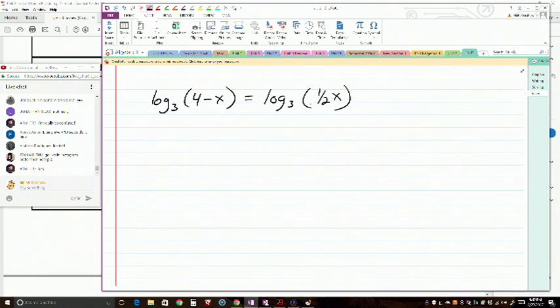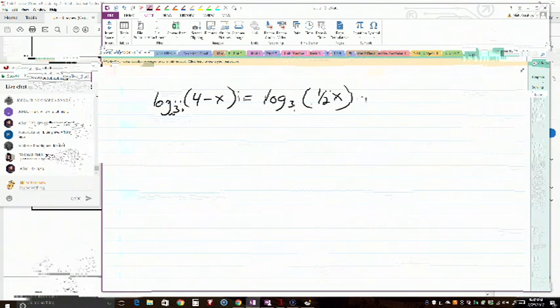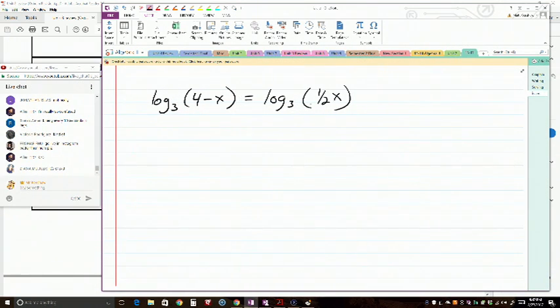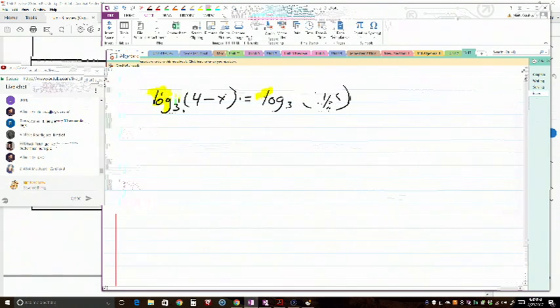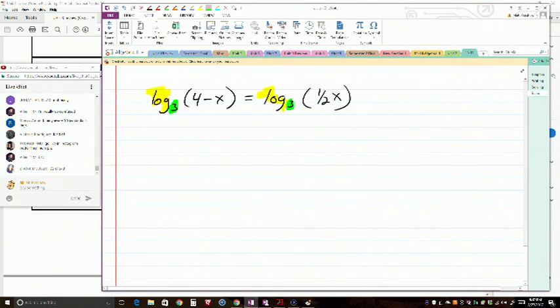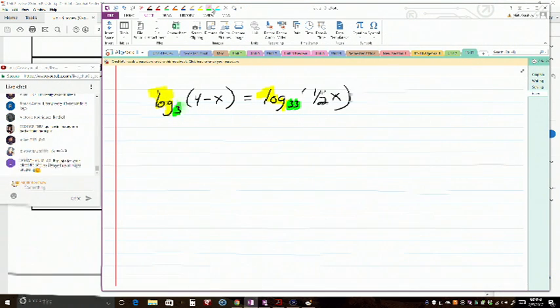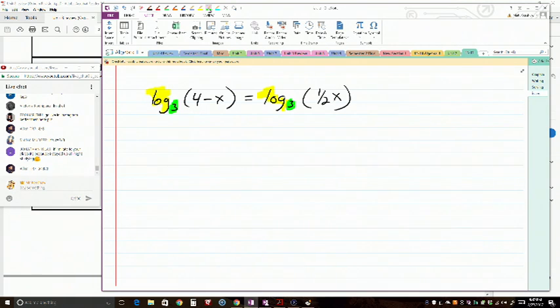Alan, did you say 8/3 because? Okay, Alan did this. So the log base 3 and the log base 3 are the same. So then we just make the inside the same. And so we go 4 minus x equals 1/2 x.